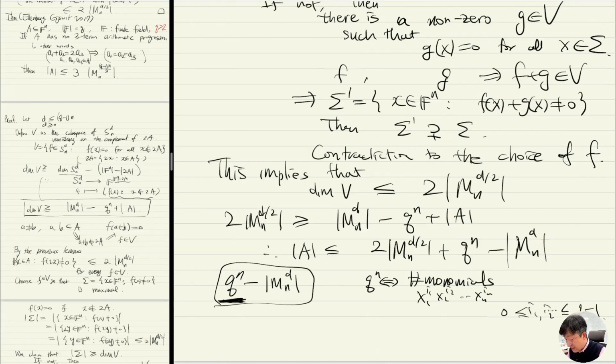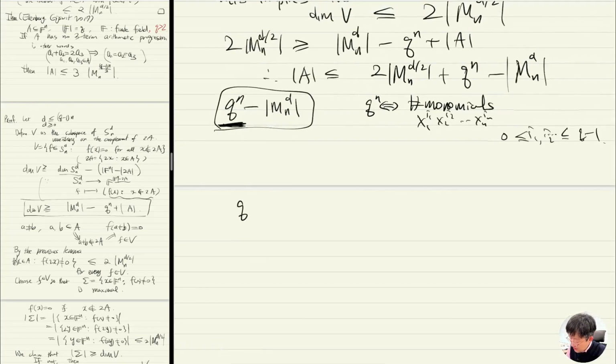The number of possible values is q, and you have n values to fit in. So that's q to the n, and we are subtracting m_d, the number of monomials of degree at most d.